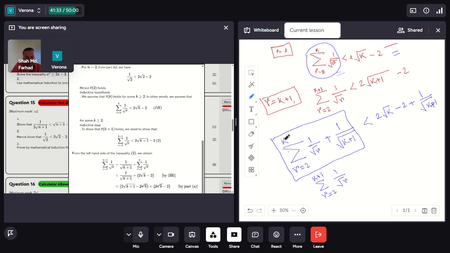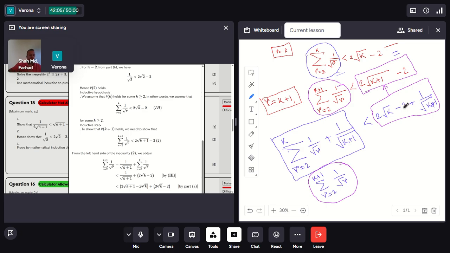Since it was up to k terms, we have added another term, so it will be k plus 1. Now we have the left side. Now we have to calculate this, and if we can show that this one equals this, then we can say that hence the statement is proved.